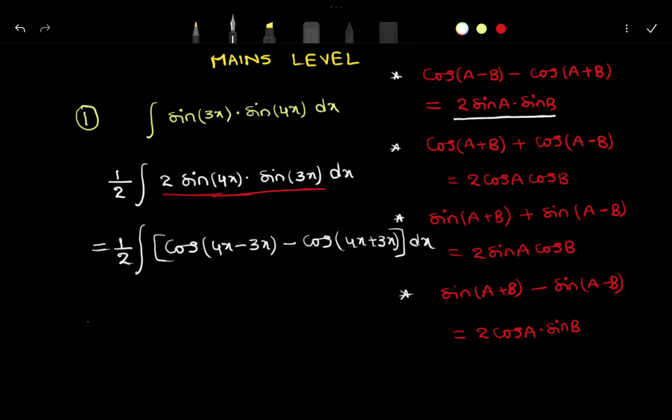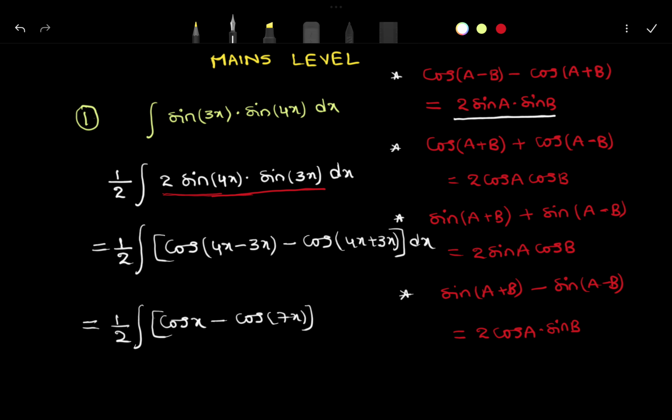Now this is 1 by 2 into the integration of cos x minus cos 7x dx.